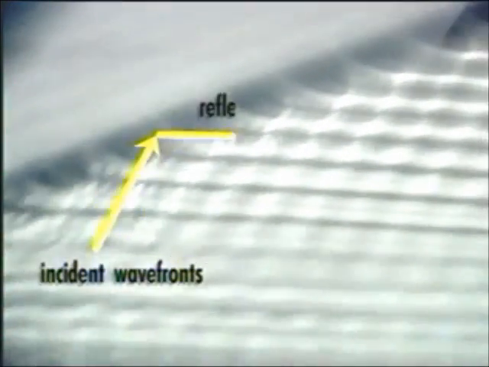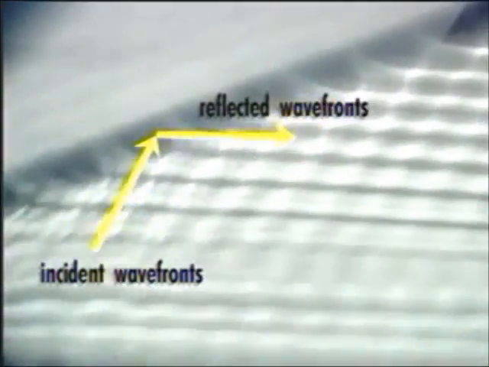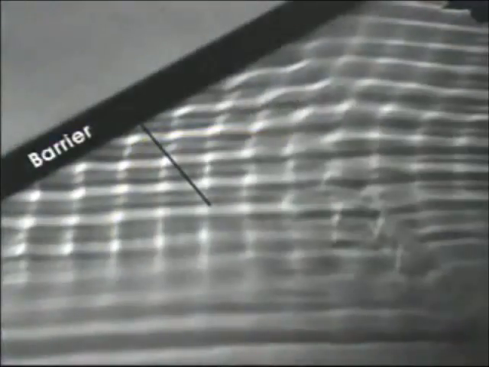Now, consider the waves generated in a ripple tank shown here. We shall call the wave fronts moving towards the barrier the incident wave fronts, and those which bounce back the reflected wave fronts. Here is a still picture of the waves generated in a ripple tank. The line NN' is drawn perpendicular to the barrier.